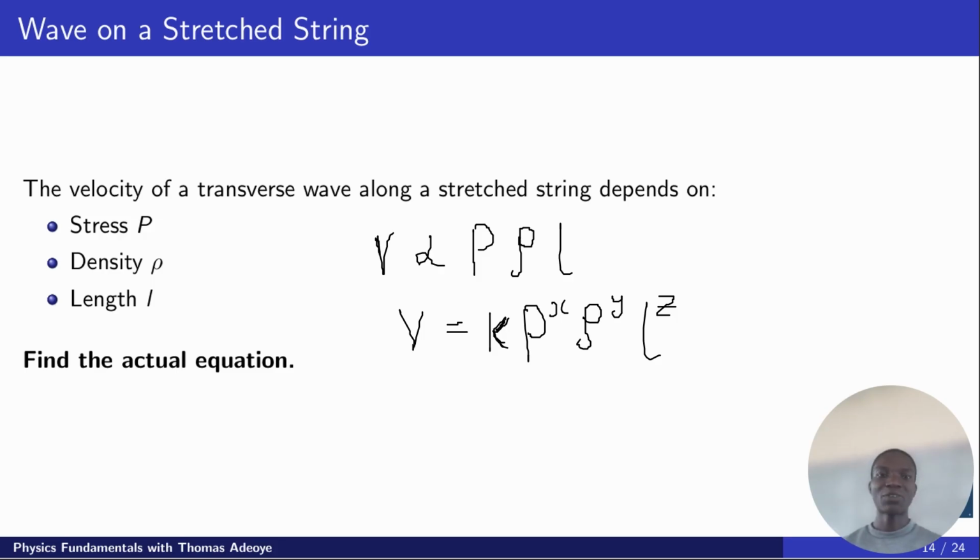Right from here we can put the powers as x, y, and z. We don't know if it is directly proportional or inversely proportional, but we'll get to know that using dimensional analysis. So whenever you are given something like this, you first set up this equation. This k is a constant of proportionality. Now let's move on. Let's use the next page.